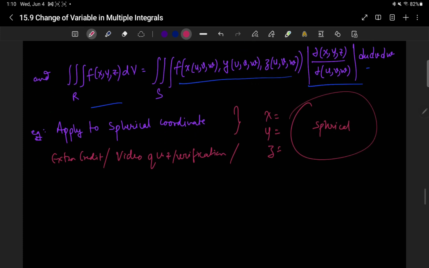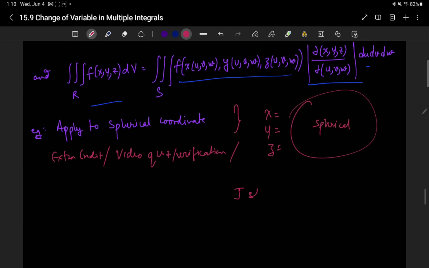And you know that the Jacobian should be rho squared sine theta, because we have been using that, and this is just another way in which you will end up with the same Jacobian as you should. So you can verify that your answer is correct and then send it across to me.